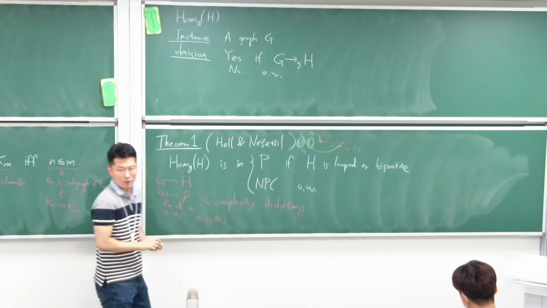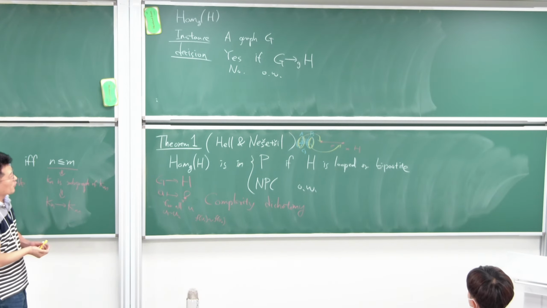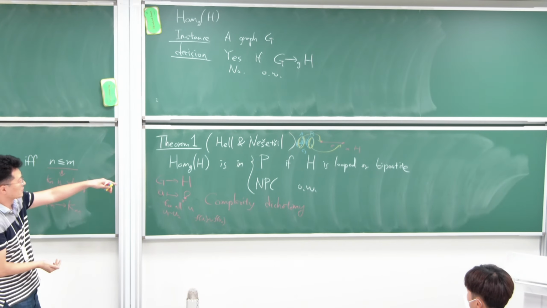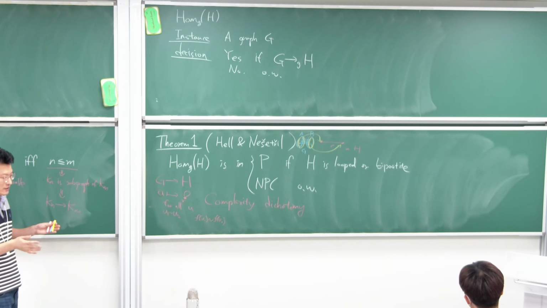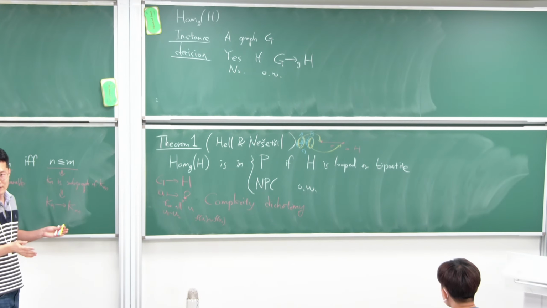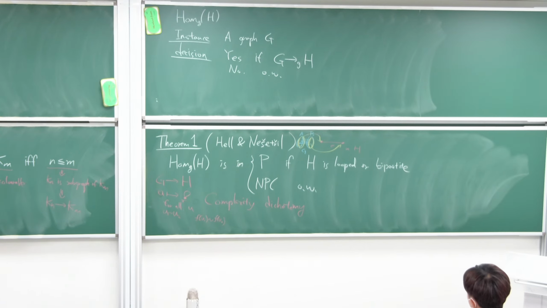That gives a homomorphism. And there's a polynomial-time algorithm to recognize if a graph is bipartite or not. We simply take a spanning tree of the graph, and whenever we add an edge, we check the fundamental cycle and check if it's of even length or not.